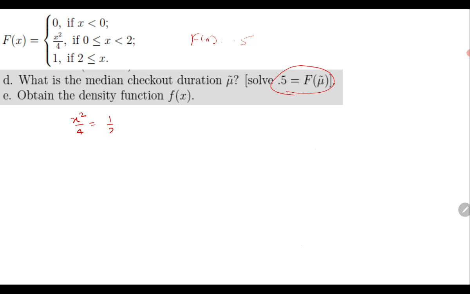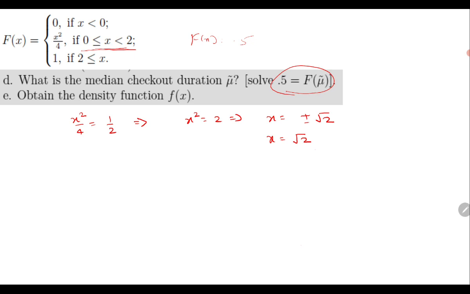It should be equal to 0.5, which is 1 by 2, which means x square should be equal to 2, and that gives you x to be plus minus root 2. Now think over that, whether both the values are valid. If you see here, x should be greater than 0, and that's why you should consider x to be root 2.